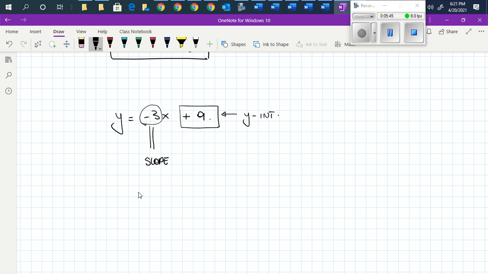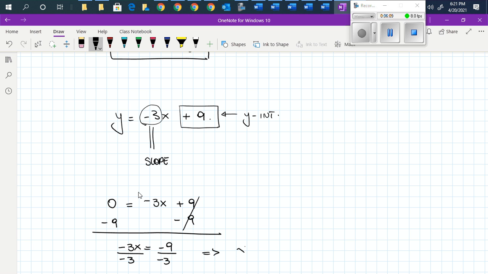The way that we find the x-intercept is we solve for x in the equation 0 equals negative 3x plus 9. So take away 9 from both sides, and then negative 3x is equal to negative 9. Divide by negative 3 both sides. So therefore x, which is the x-intercept, will be equal to positive 3.